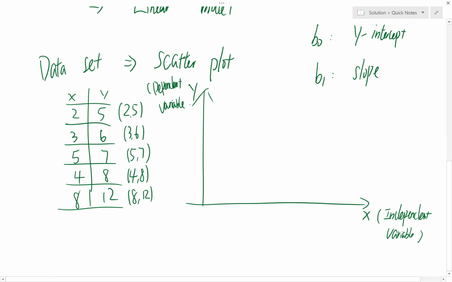Looking at the x values, the maximum is 8, so we only need 8 units here: 1, 2, 3, 4, 5, 6, 7, 8. On the y side, the maximum is 12, so it will be 2, 4, 6, 8, 10, and 12.